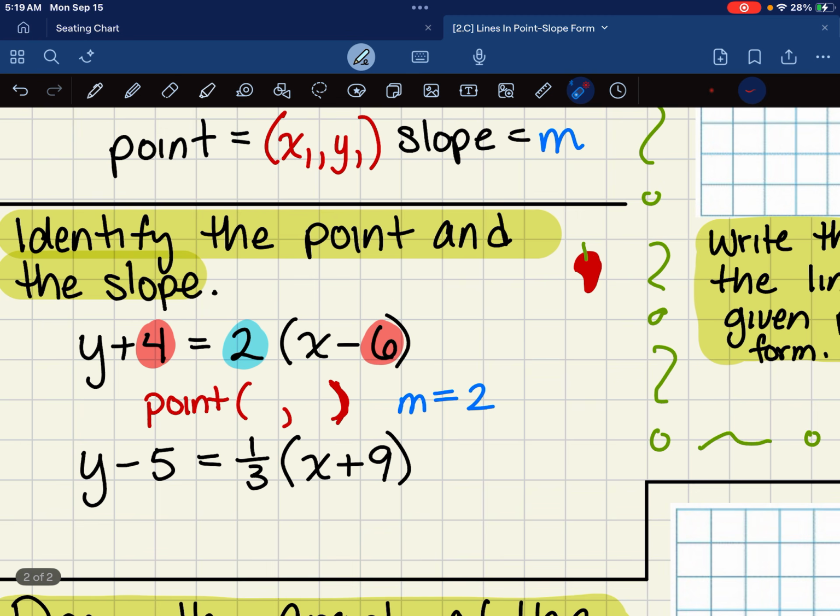Here, x minus 6, the thing being subtracted from x is 6. Sometimes when there's addition, I'll split it up. Addition, you can break into subtracting a negative, and I feel like that makes it more obvious why the y value here is -4. Here it was positive, in my point it's negative, and vice versa.